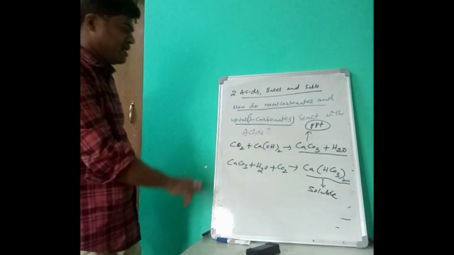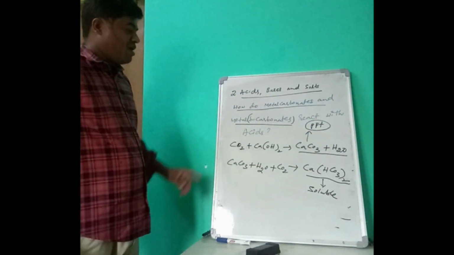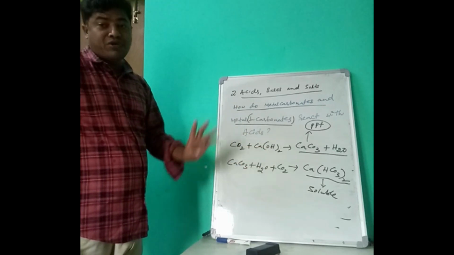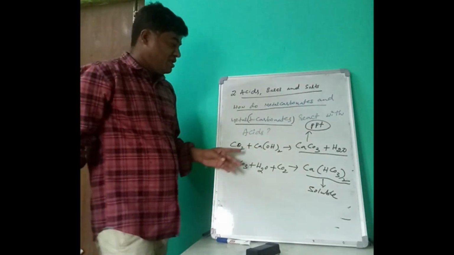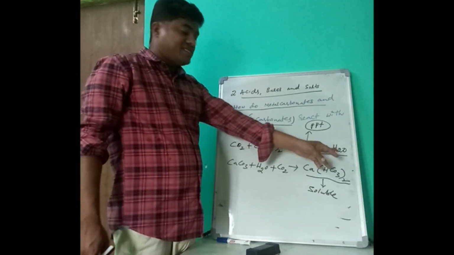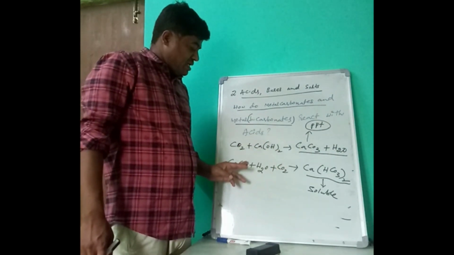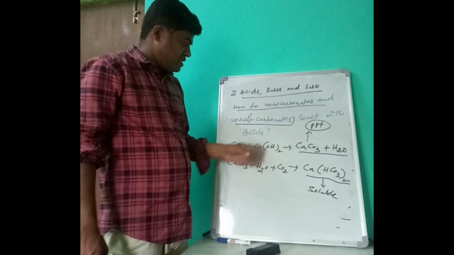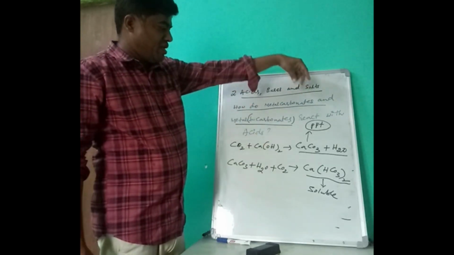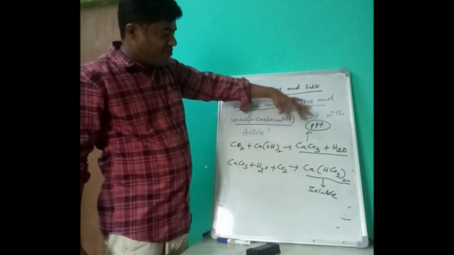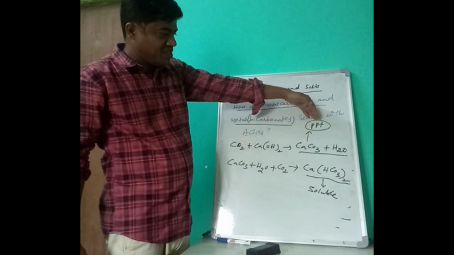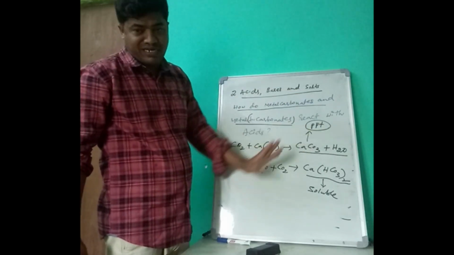See, these two reactions are very important. What happens when carbon dioxide gas passes through lime water, and what happens when excess of carbon dioxide gas is passed through a solution of calcium carbonate? In this, what are the answers? When carbon dioxide gas passes through lime water, you get a milky white precipitate, that is calcium carbonate.